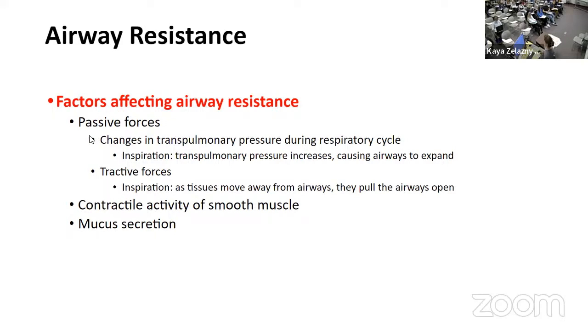But the things we're going to see varying a bunch are going to be the contractile activity of smooth muscle, as well as our mucus secretion. We want to remember when we're thinking about the wall of an airway, or the wall of most things in our body, we have our tube, but if we were to cut across it, we're going to see that we have rings of smooth muscle, a lot of them, that can contract and therefore constrict, or relax and expand.